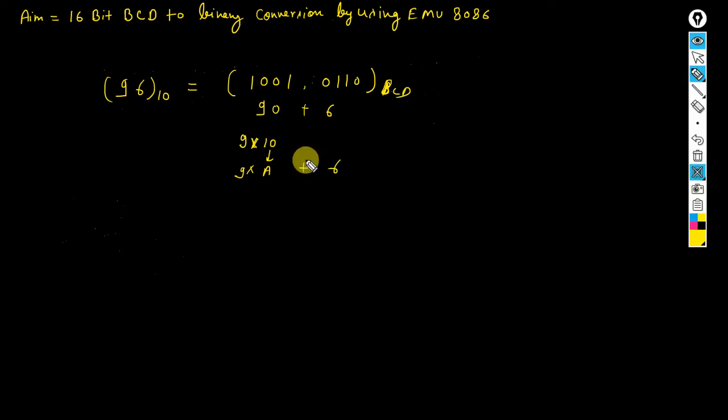And suppose we write this value in hexadecimal form, 96 is 60h. Basically this 60 comes from 9 multiplied by A, which is 5A. 5A plus 6 is 60h.